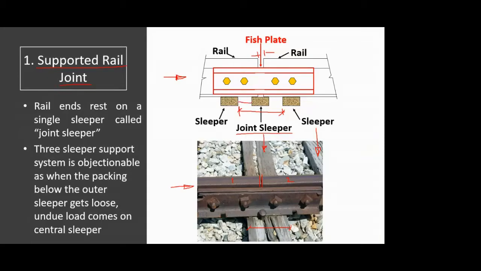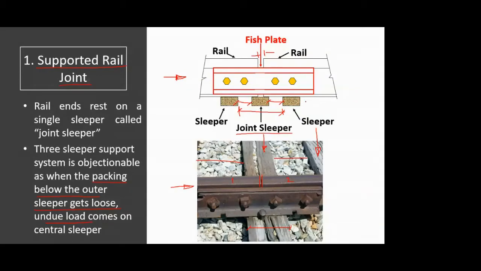So we are reducing the spacing between the sleepers, at least for this joint section. When you reduce the spacing, obviously the ballast which will go into this spacing will be less. And if you have less ballast, then the packing will not be proper, and that tends the sleeper to become loose under the loads.